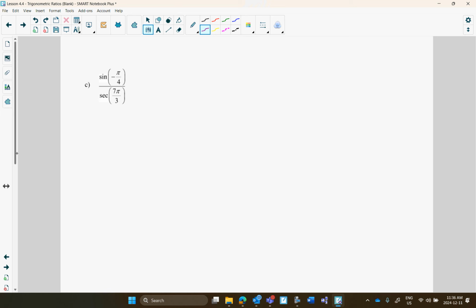Okay, so this one. We've got to find sine of negative pi over 4, and we've got to find the secant of 7 pi over 3. And then when we get those two answers, we have to divide. Well, what do I have to do here before I can use the unit circle?